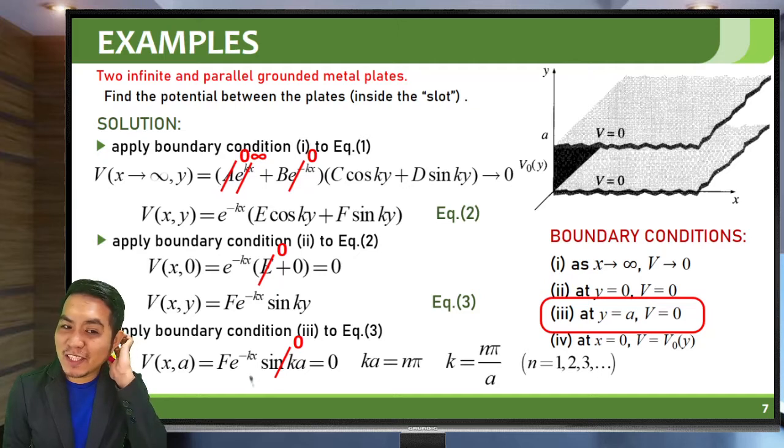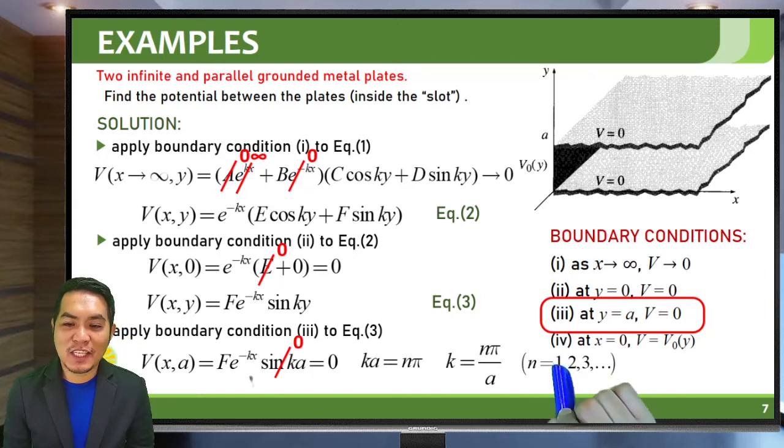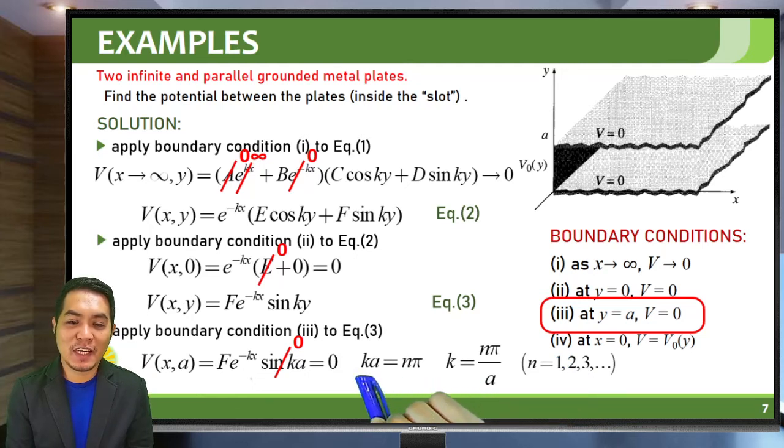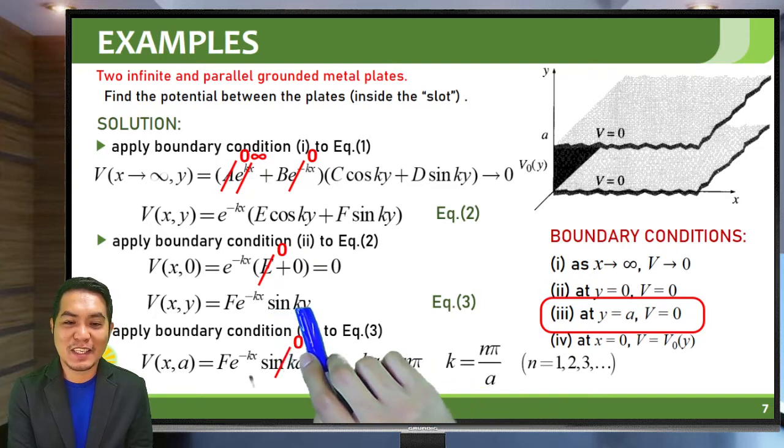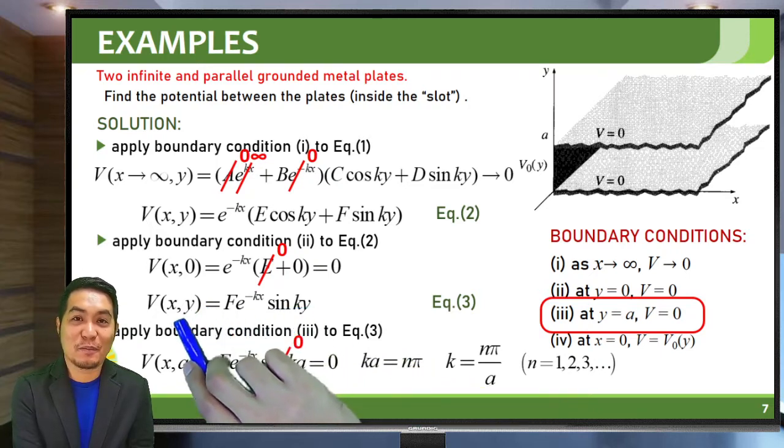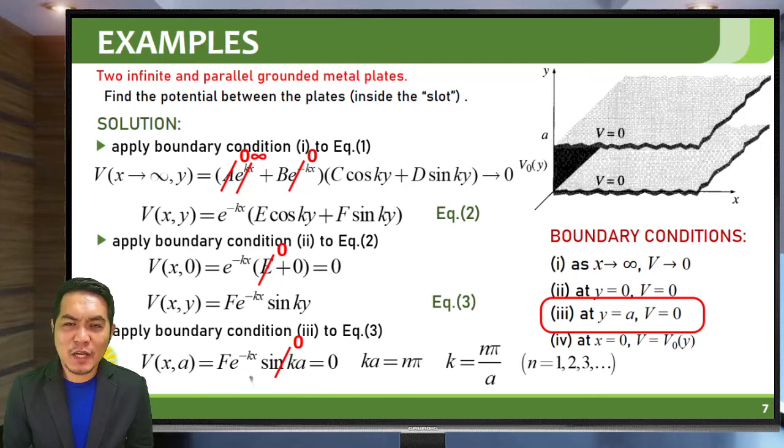By the way, we will not include n is equal to 0 here, because if you include n is equal to 0, that would mean your k is equal to 0. And if your k is equal to 0, sine of 0 is 0. So your potential is 0. So actually, V is equal to 0 is a solution, and it is most of the time always a solution, because 0 is most of the time a solution to every equation.